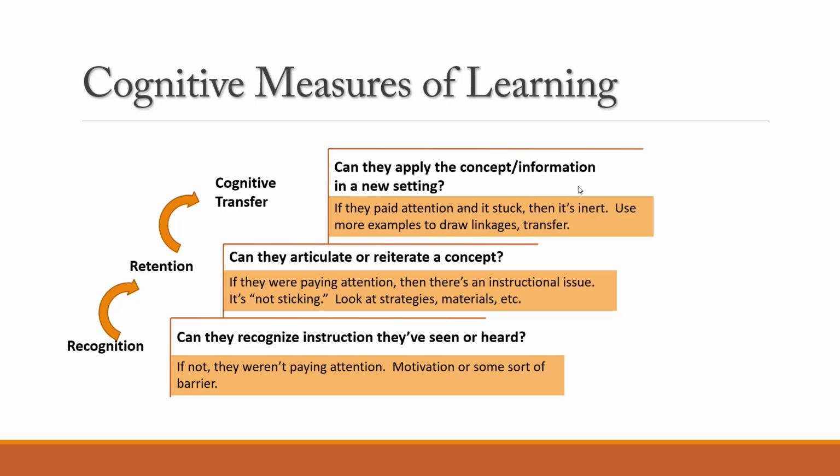You've heard me use that term a couple of times, but that's knowledge that may be stuck in the head, but a learner can't actually do something with it. If you're seeing this show up, that may suggest you want to use more examples that represent a range of ideas, and help them draw linkages and actively facilitate that transfer and make those connections.